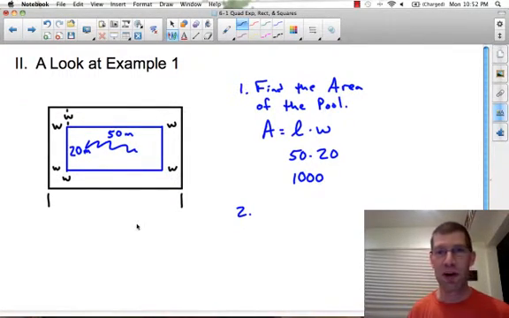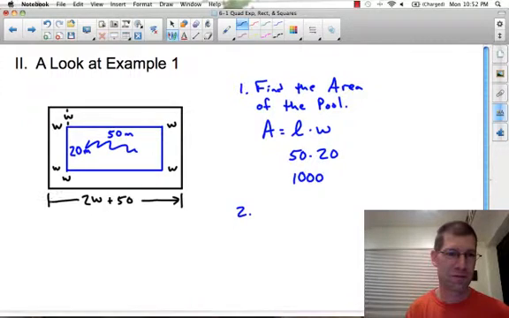So a lot of times people want to call it 50 plus 2W, but because we're doing that standard form back from the last slide, it'll serve us well if we put our variables first and call this length here 2W plus 50. That's going to be this whole length of the pool.